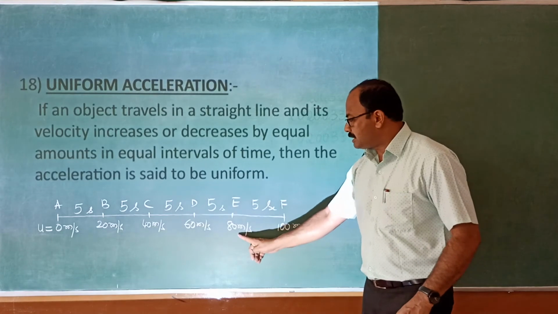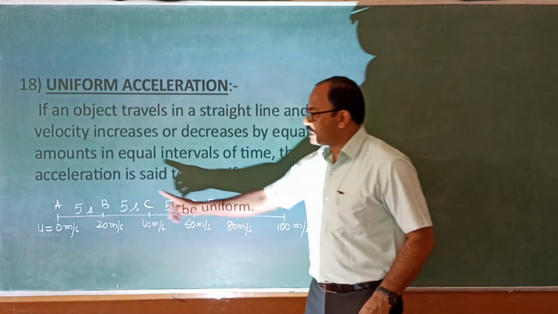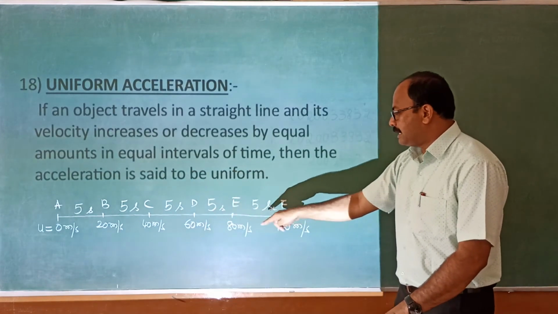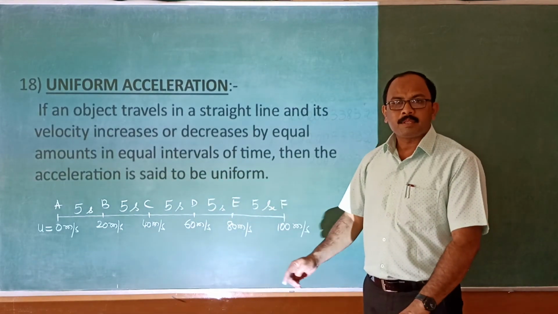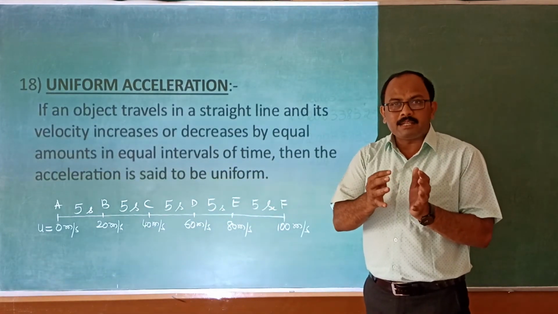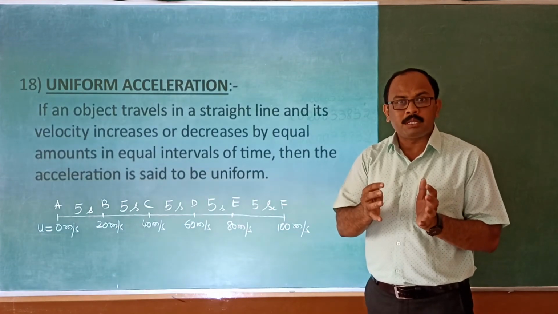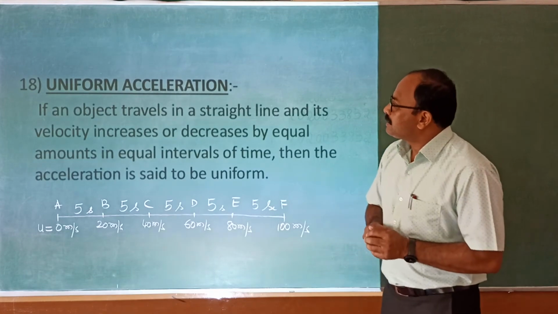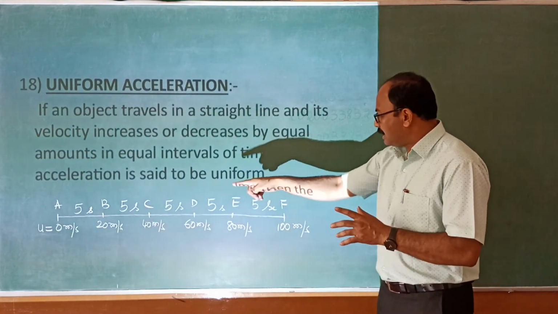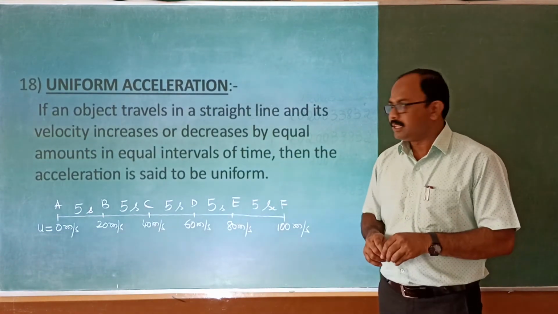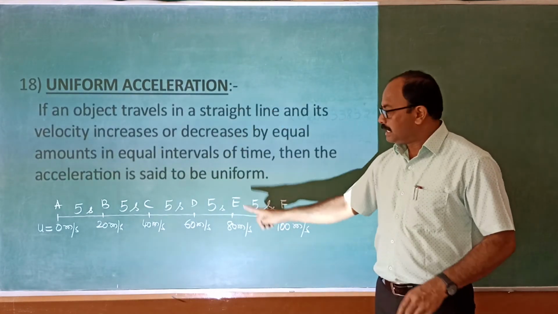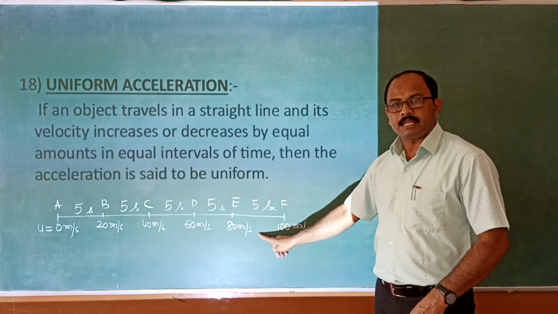Velocity changes. See, velocity was 0, then it became 20, 40, 60, 80, 100. Velocity increases by equal amounts in equal intervals of time. See, if an object travels in a straight line and its velocity increases or decreases, I have taken the example of increase here.